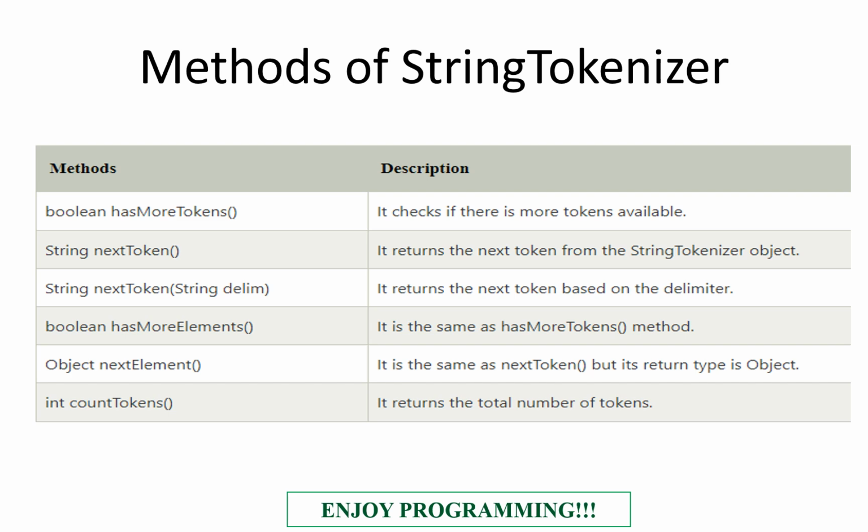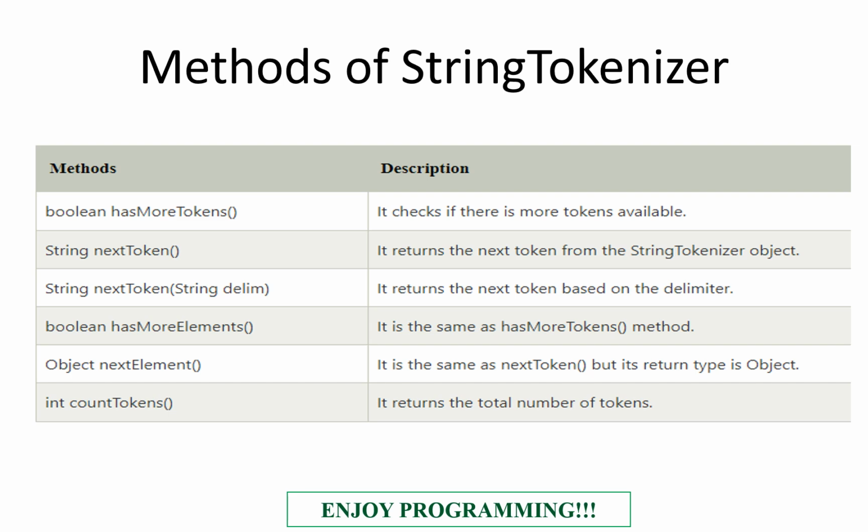Whereas in this third method, for the same purpose, the programmer specifies the delimiter according to the application of the program. So this will return the next token based on the delimiter. And as usual, this will throw NoSuchElementException if no more tokens are available.